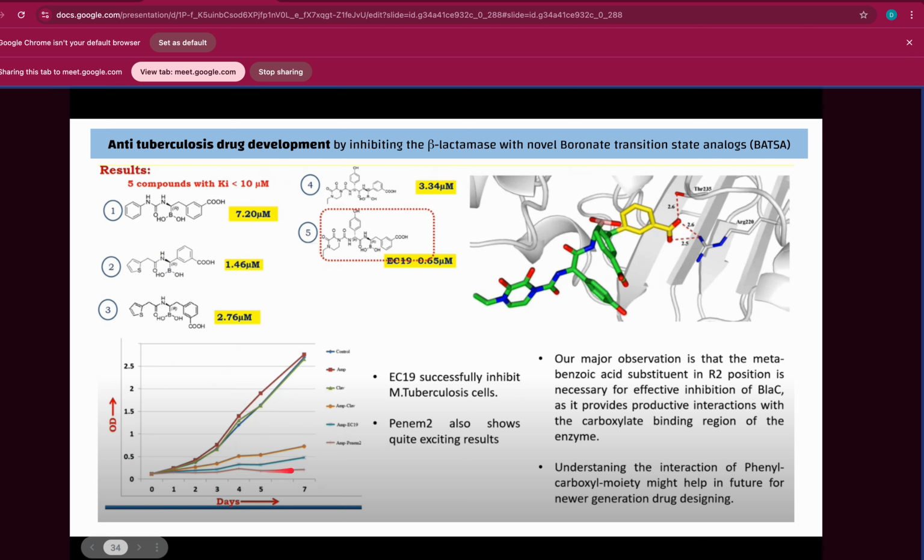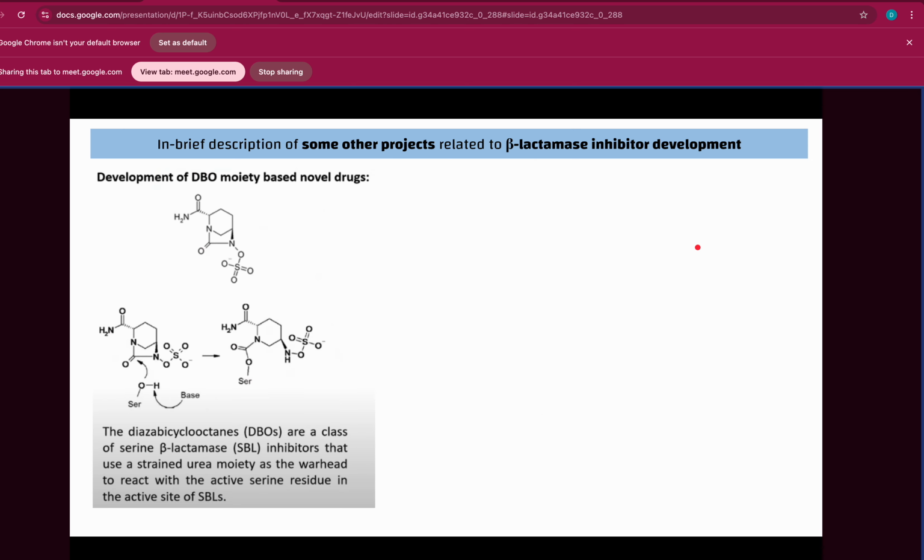So this means with the dose, the concentration of the cells or the microbial colonies is dying off. That means PENM2 and EC19 are more effective than other drugs. And this is how the interactions are taking place at the binding site of beta lactamase versus EC19. So these are the groups which are involved in the interactions.